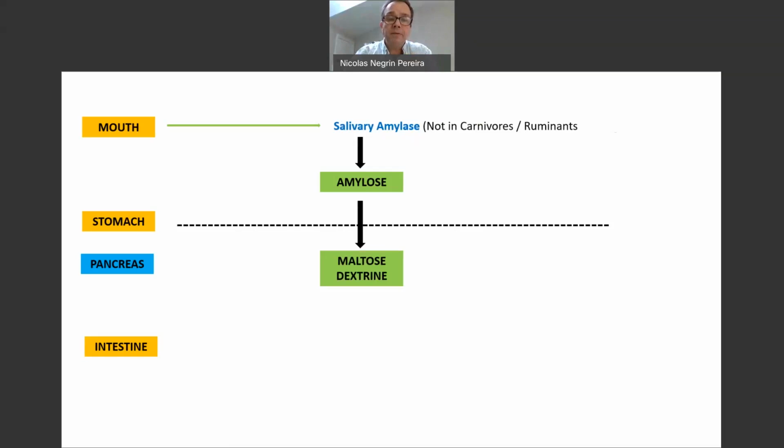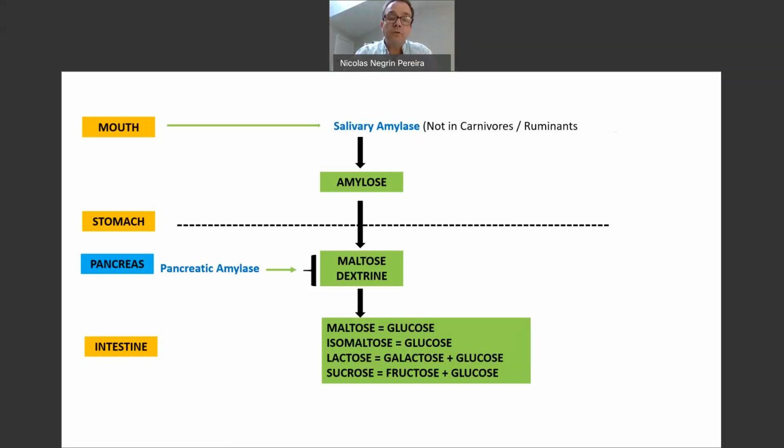But then in the pancreas, amylose is going to be converted into maltose and dextrin, and that's by the action of the pancreatic amylase, which is a really important enzyme for saccharide digestion in the animal. And maltose and dextrin are also converted into monosaccharides by the action of maltase, giving glucose, isomaltase, giving glucose subunits, lactase, acting on lactose, which as we know is formed by galactose and glucose, and sucrase, which breaks sucrose down into fructose and glucose.